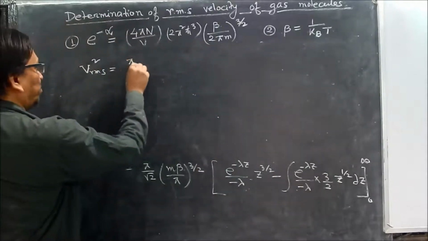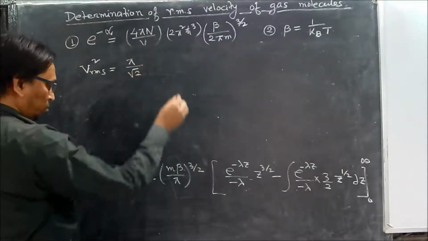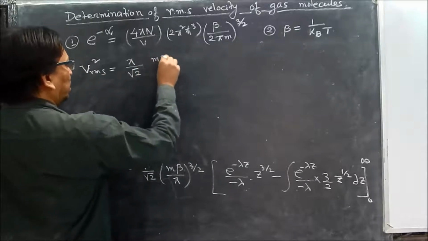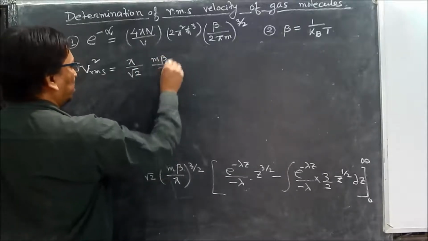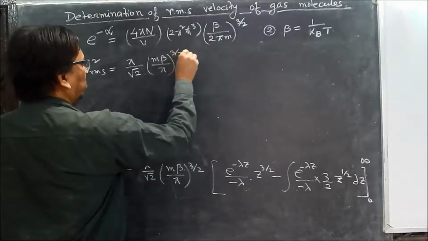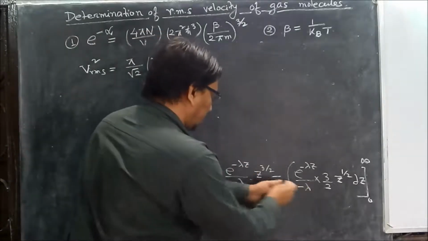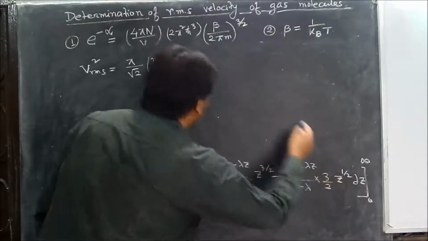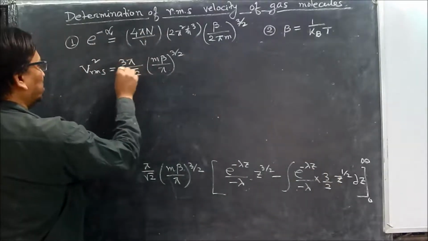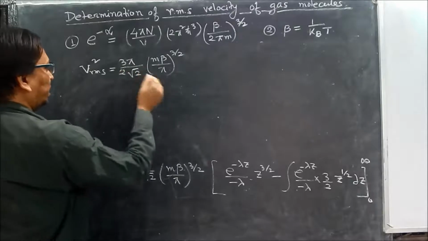So this is pi by root 2, (m beta by pi) whole to the power 3 by 2, and this part is 0, and this minus minus is plus, so one lambda is coming outside along with 3 by 2. So 3 by 2 and one lambda is coming outside.